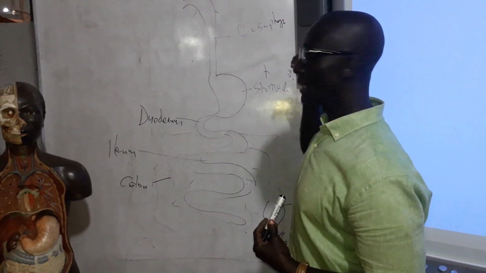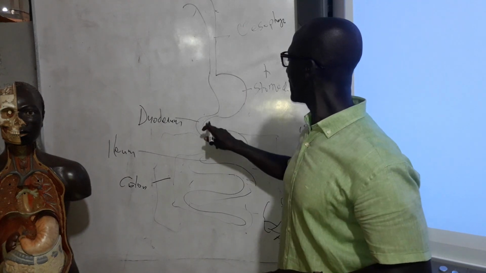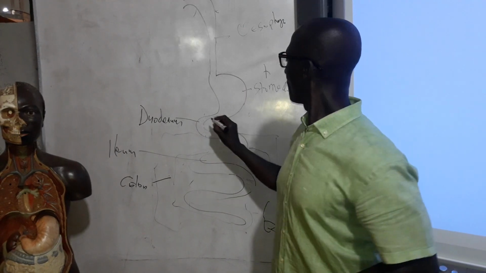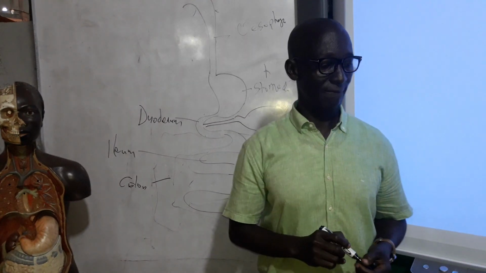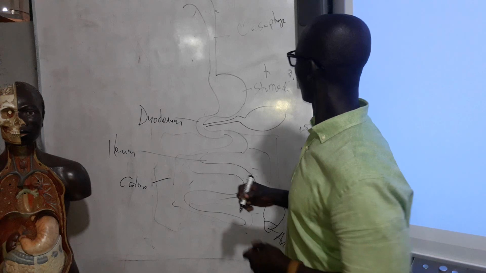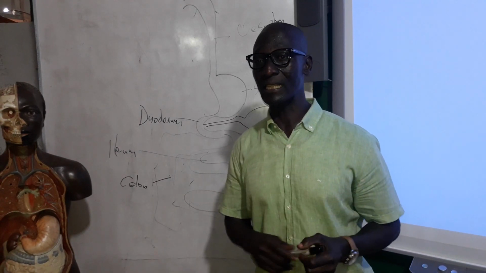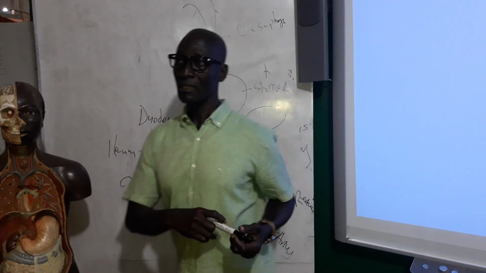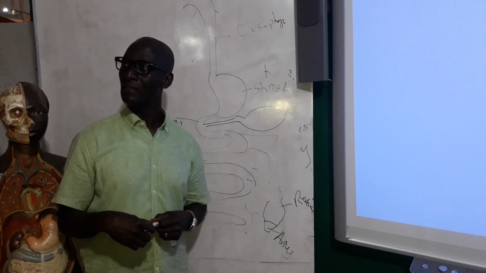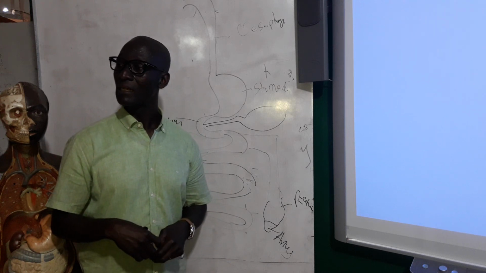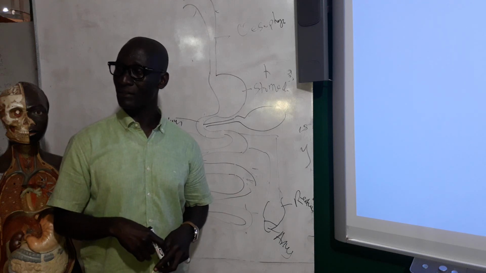Students, between the stomach and the duodenum is another very important organ called the pancreas. The pancreas does a lot of functions. Pancreas secretes the hormone called insulin to regulate excess blood sugar in mammals.